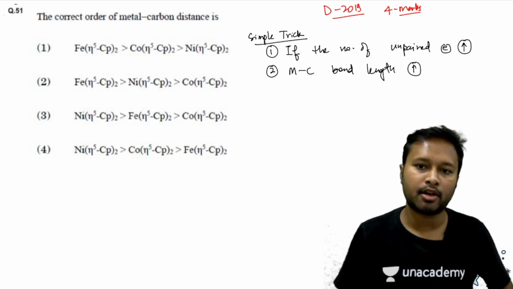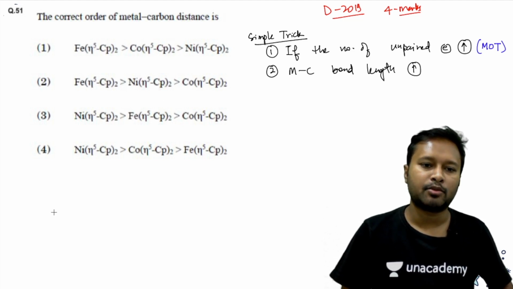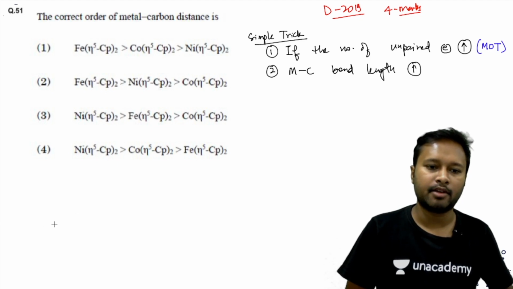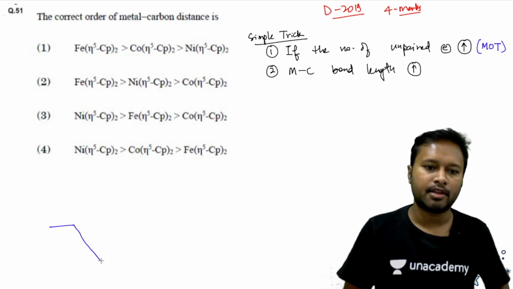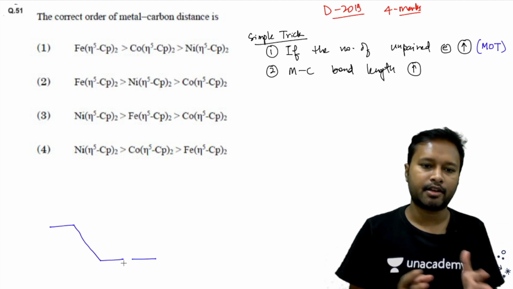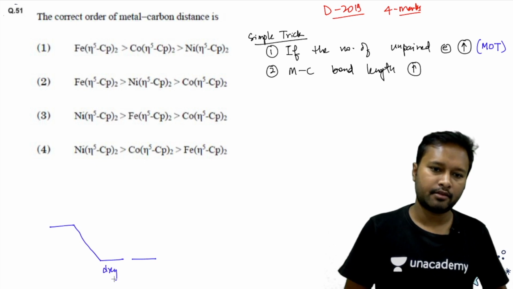So you just have to look for the number of unpaired electrons. Now where you have to look for the number of unpaired electrons, that is very important. You have to look for that in the molecular orbital diagram of your metallocenes. In the metallocene, the d orbital splits in this particular manner. The lowest energy orbitals are a doubly degenerate energy level, dxy and dx square minus y square.